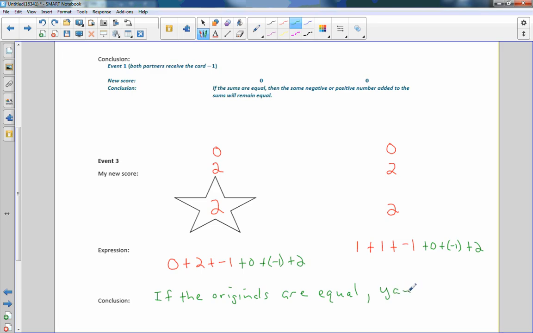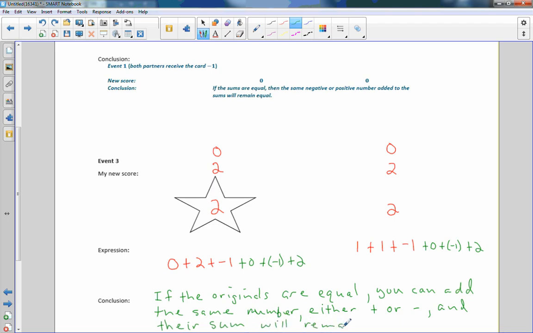You can add the same number, either positive or negative, and their sum will remain the same.